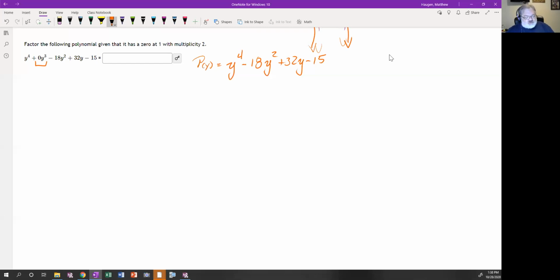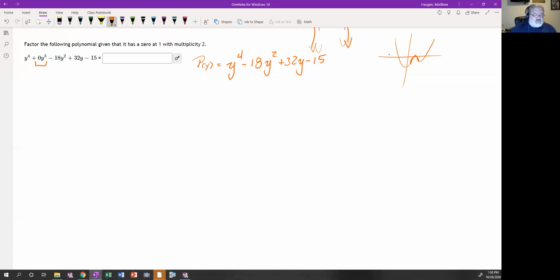When we did rational root theorem, we'd find 1 is a possible root. And if we graphed this thing, we know that at 1 it's going to bounce because we've been told it has multiplicity 2, right? I don't know if it's going to bounce upward or downward, because I haven't looked at the graph.